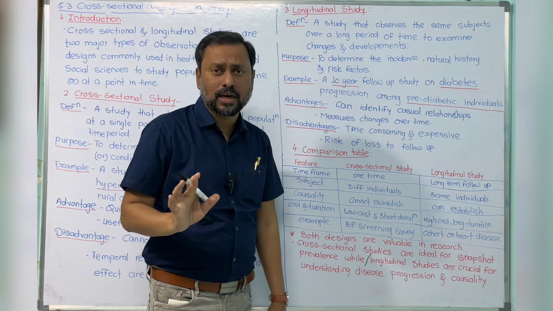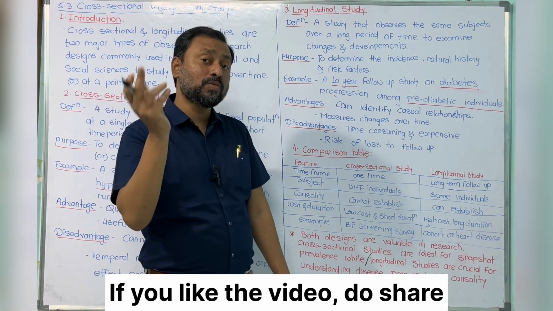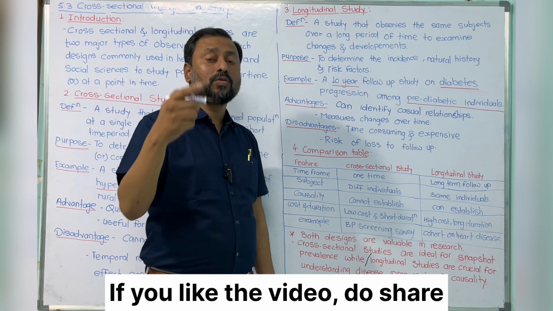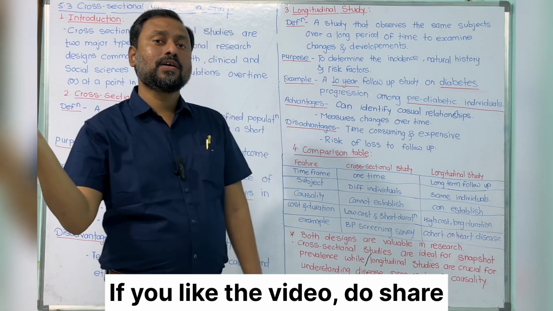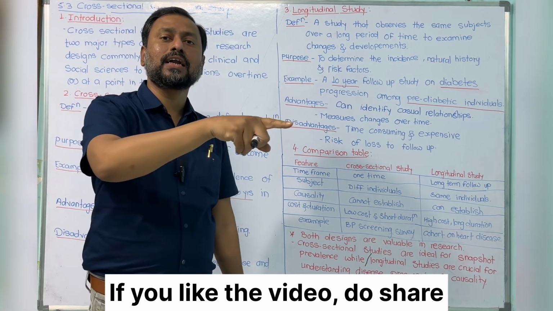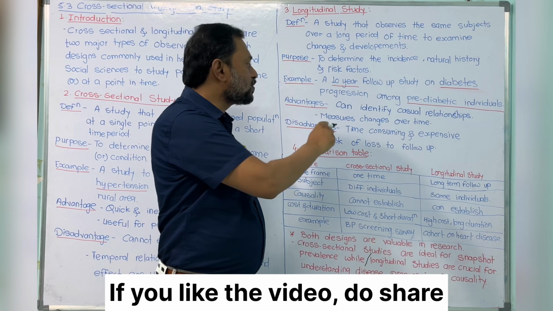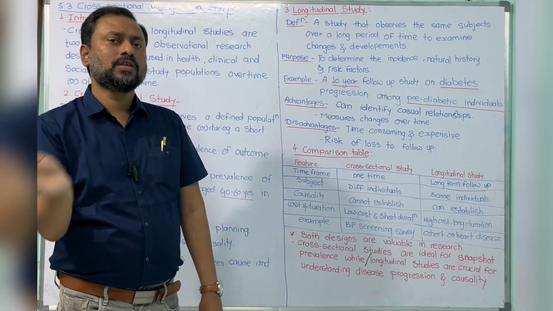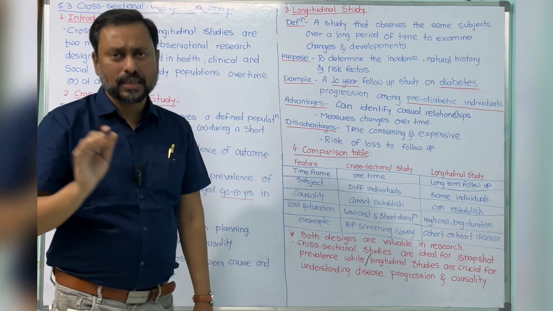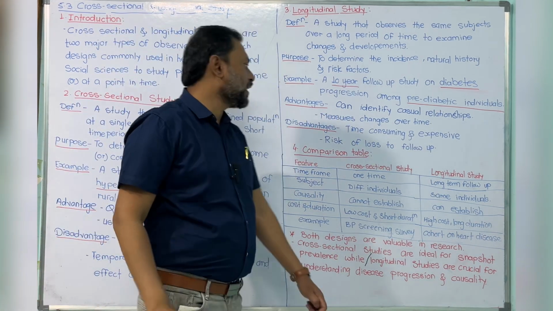Suppose 10 people are smoking. After a few years or decades, you will come to know that among those smoking, lung disease or lung cancer has developed. Like that, by this type of study you get the idea of the cause. This may be the cause, and this may be the disease that developed. Like that, it can identify cause and relationship.